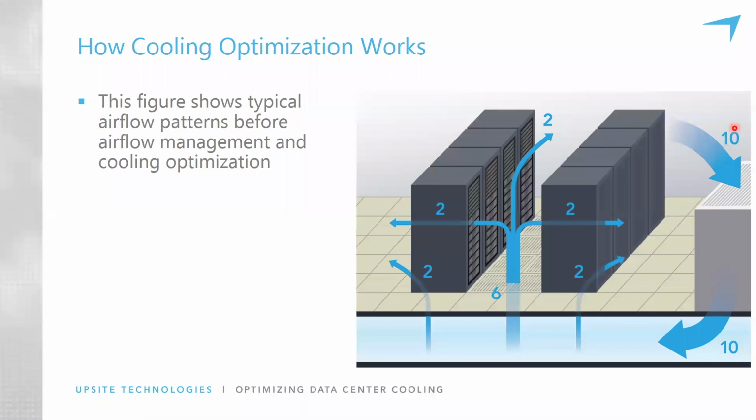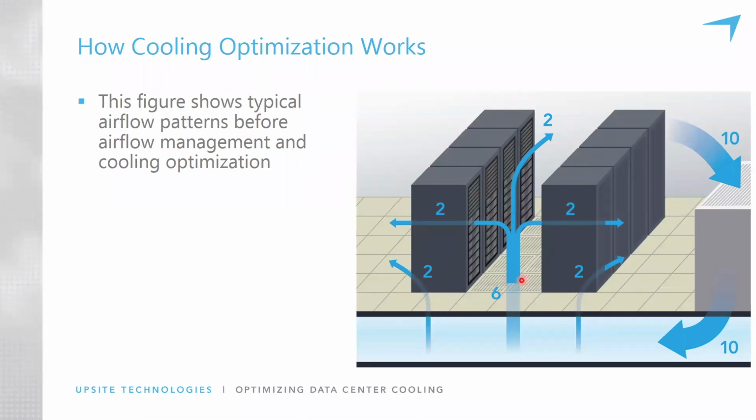These numbers are much greater. A single cooling unit might have thousands of CFM, but just for comparison's sake, we'll look at these simple numbers. In this room, we have a total of 10 units of air moving through the cooling units. If you add up all the air coming out of all the openings, there will be a total of 10 units of air.